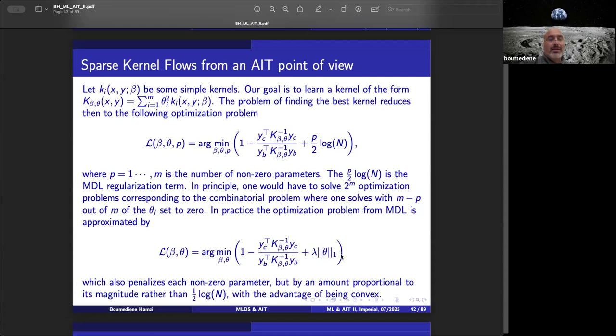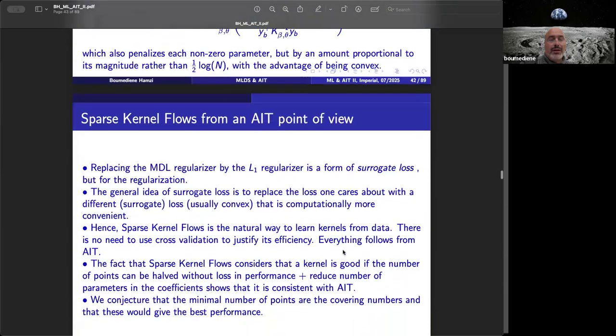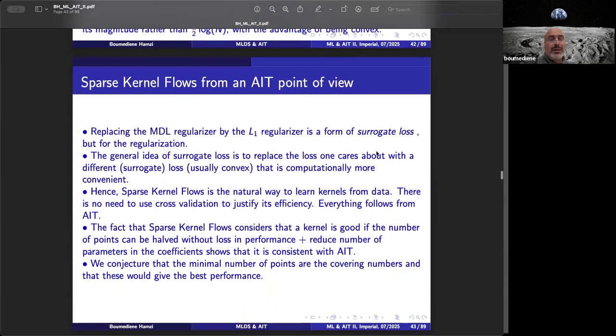In that sense, sparse kernel flows acts as a surrogate loss to make the loss computable. So it follows directly from AIT arguments as the natural way to learn kernels from data. There is no need to use cross-validation to justify its efficiency, and everything follows from AIT.